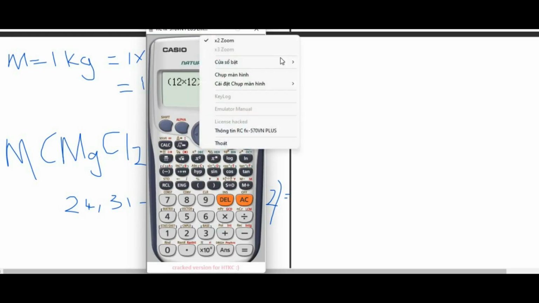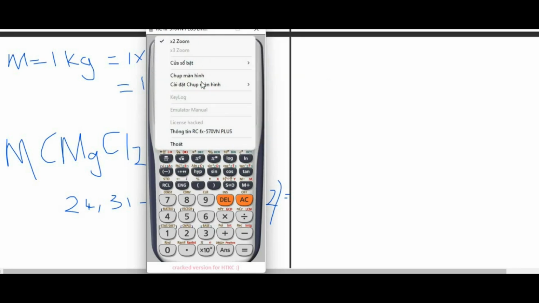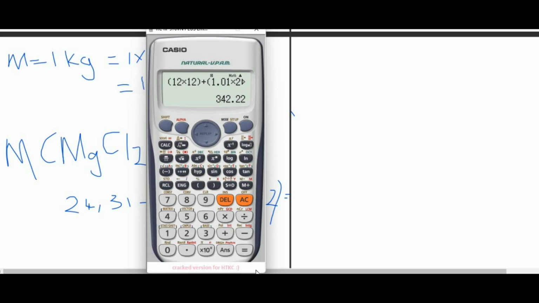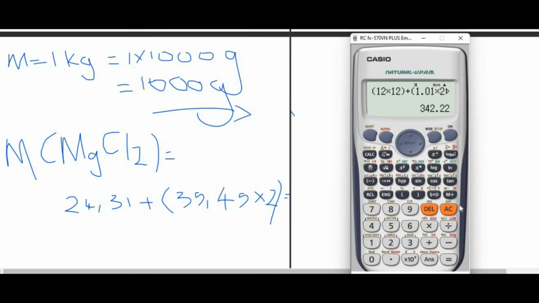We'll say, okay, oh, it doesn't like moving this thing. Let's try this part. Come on. Okay, yeah, there we are. So okay, 24.31 plus, I'm going to open a bracket, 35.45, right?